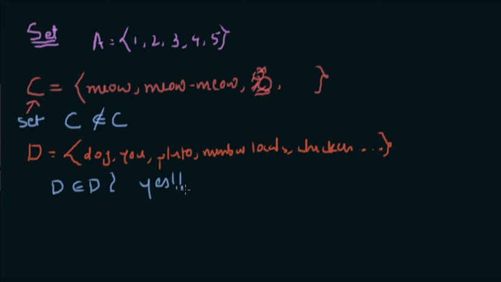Okay, as I have given you the hint or the answer, because D is everything that is not a cat. Now what is our D? This is a set. Is a set a cat? No, it is not a cat. So D contains D as well, right? D contains everything that is not a cat, and D is not a cat, so D contains D as well. So D belongs to D, right?